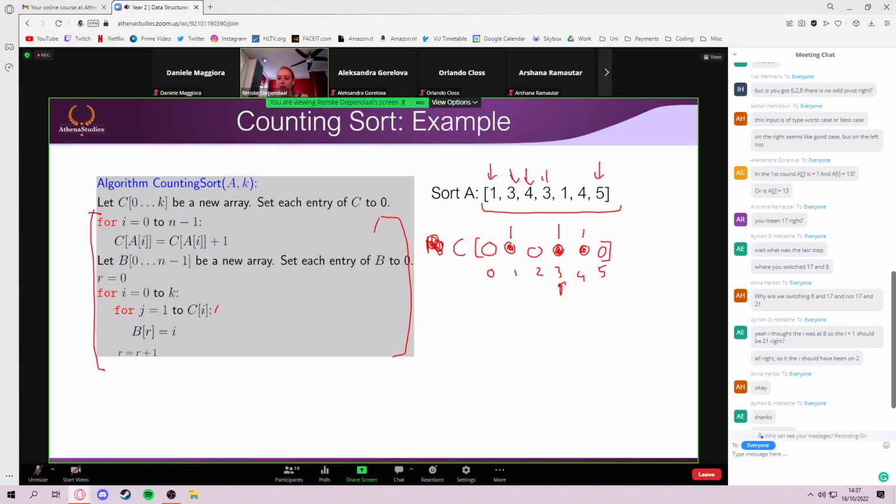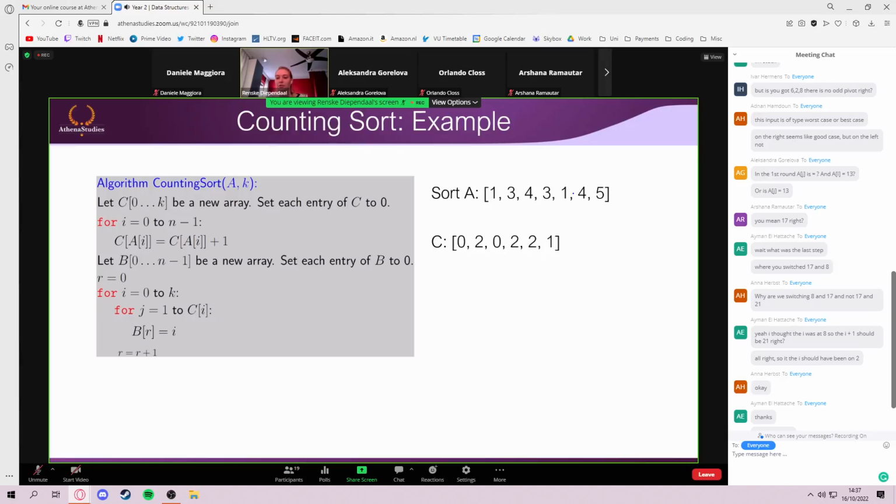And then we have another 3. So we go back to the 3 index and we just do plus 1, so it's now going to be a 2. And then you look at the 1, also plus 1, so it's now going to be a 2. And then we have another 4, this is going to be 2, and we have 5, so this is going to be 1. Oh, sorry, we started with all zeros.